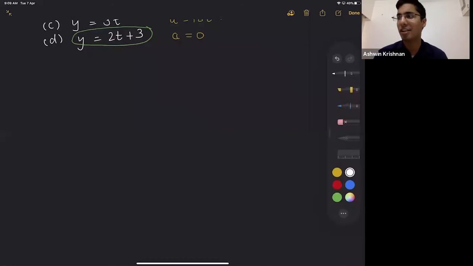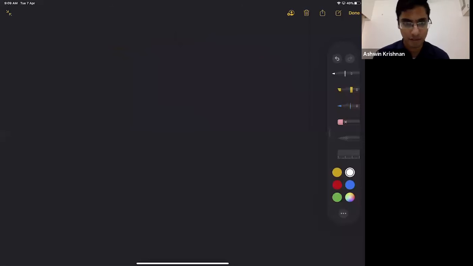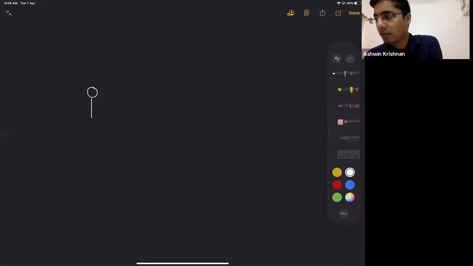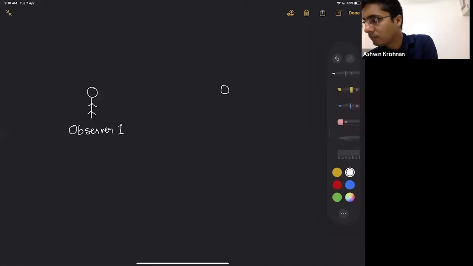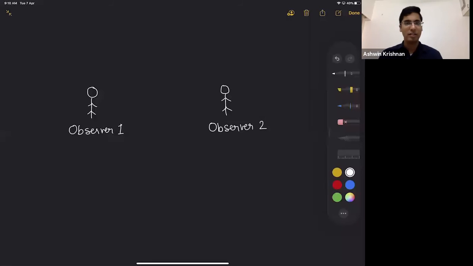Okay, now comes the important question which some of you have asked: what exactly do you mean by an inertial and a non-inertial frame of reference? I can explain this best by taking two different observers. Let's assume this is observer 1, and this is observer 2. Observer 1 is at rest, has 0 acceleration.